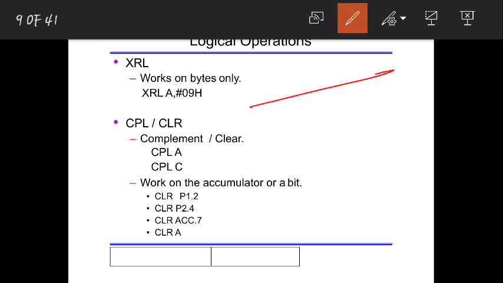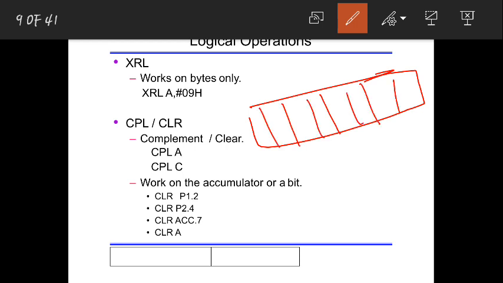So here I am taking one small example for complement A. Consider I have 1 0 1 0 1 1 1 1. This is the value I have. If I write this in hex, this will become AF. This was before execution.